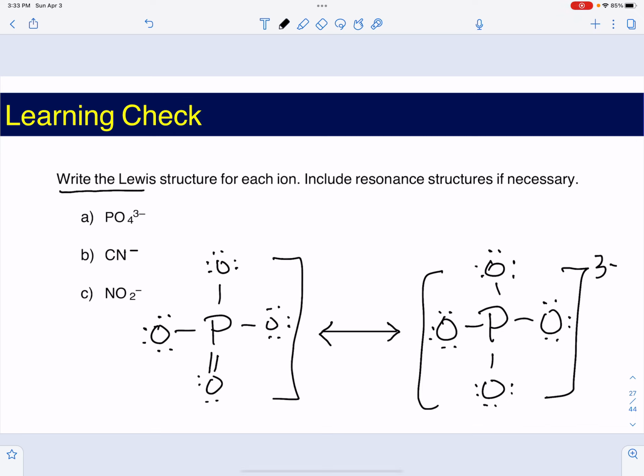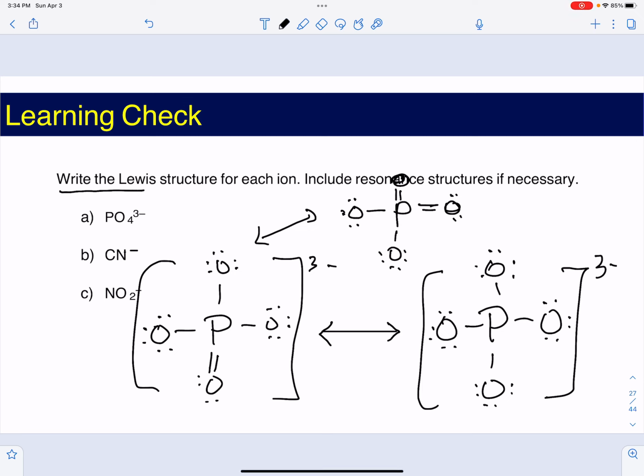Another resonance structure could be something with 2 double bonds in there. So something important to notice here: this oxygen has 8 electrons, this oxygen has 8 electrons, this oxygen has 8 electrons.